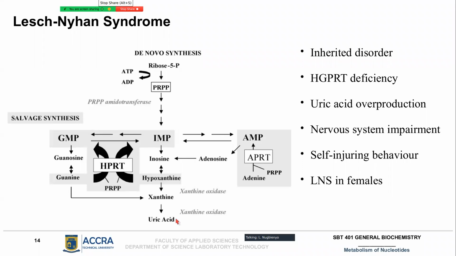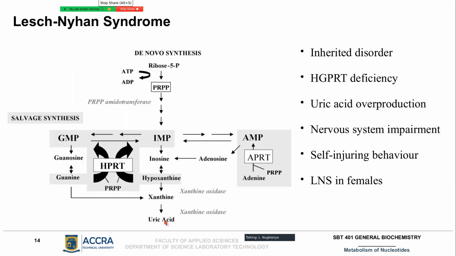A similar thing will happen with guanine. If it cannot get recycled to give you guanosine monophosphate, then a lot of it will go down the path of breakdown into uric acid. So you have excessive production of uric acid, and this will be happening in juveniles.